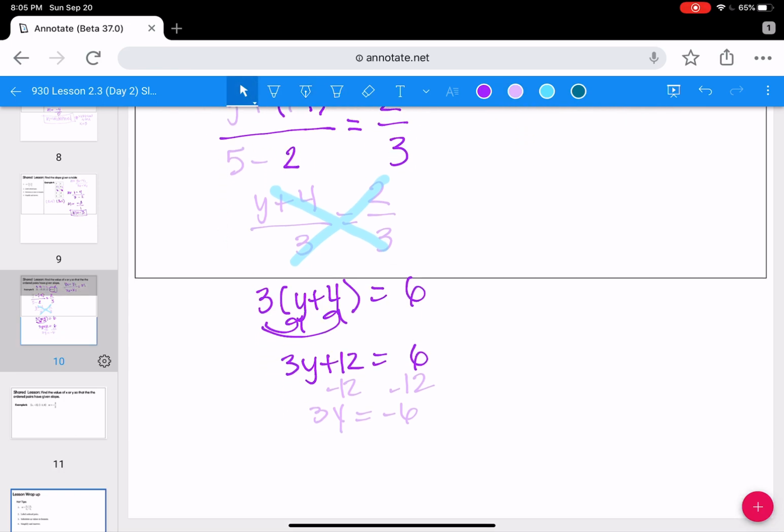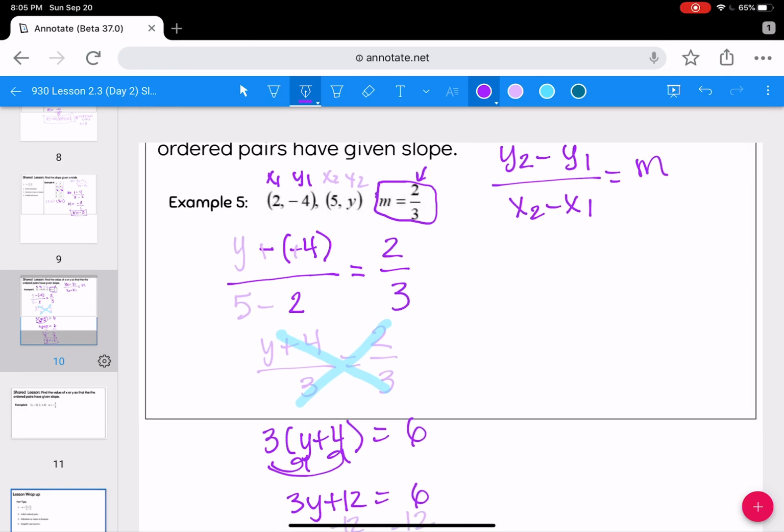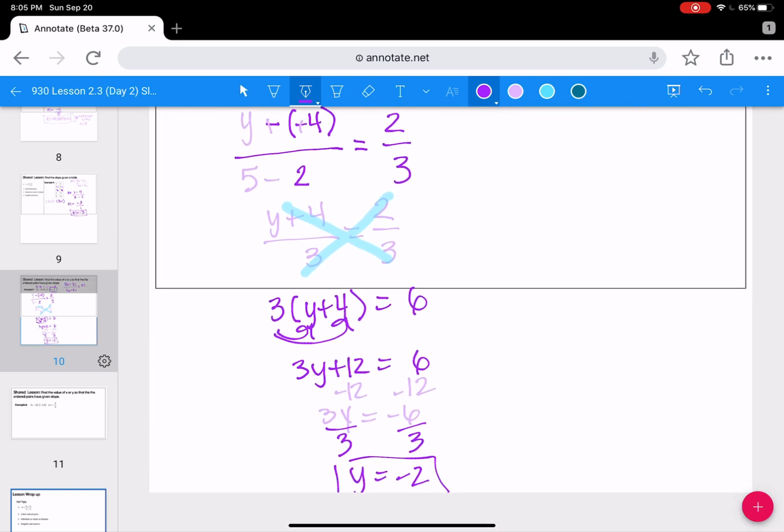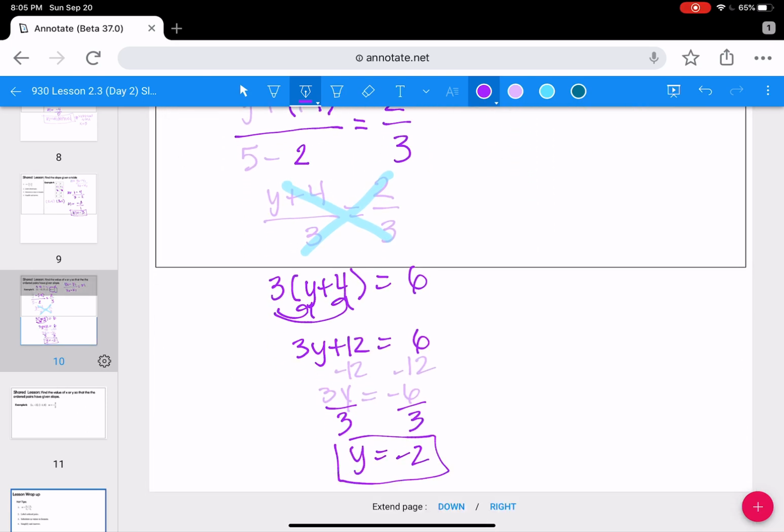We're almost done. We divide each side by 3, and we get y is equal to -2. So we found the value of y here, which is -2. And here we did use cross multiplication to solve for y once we simplified our formula down.